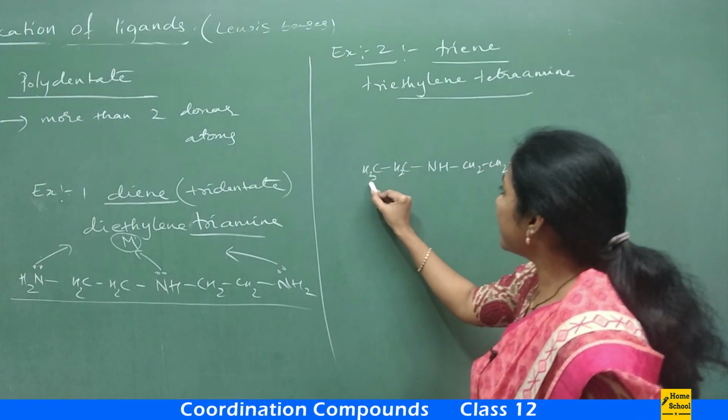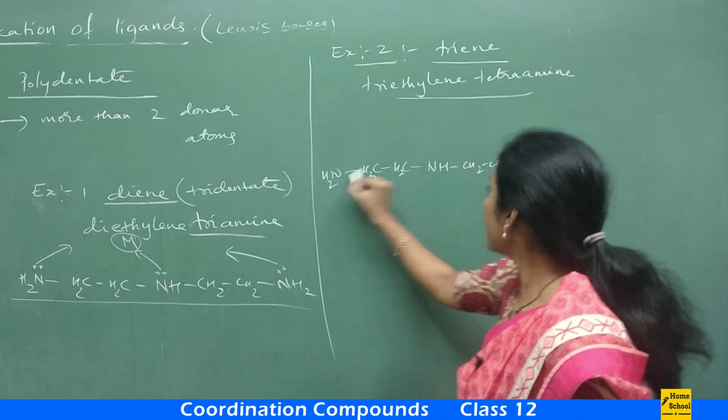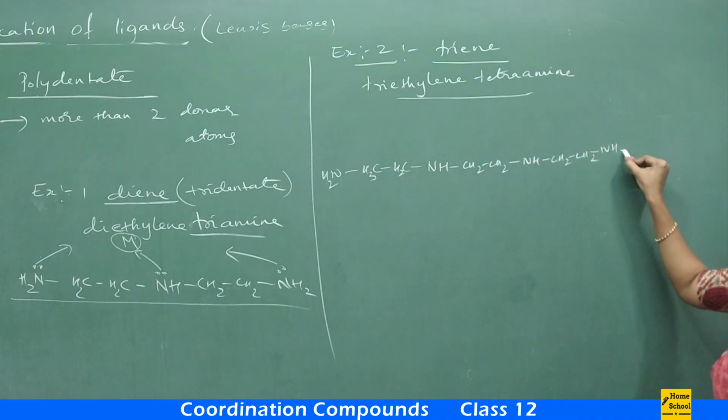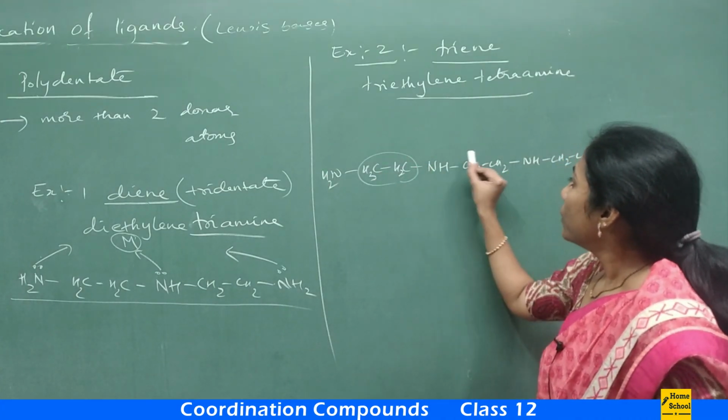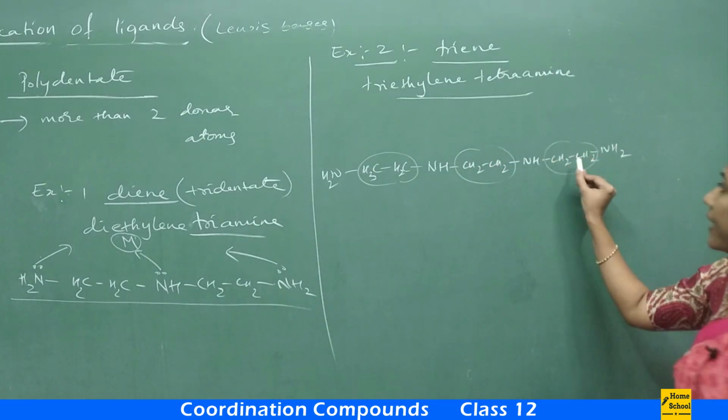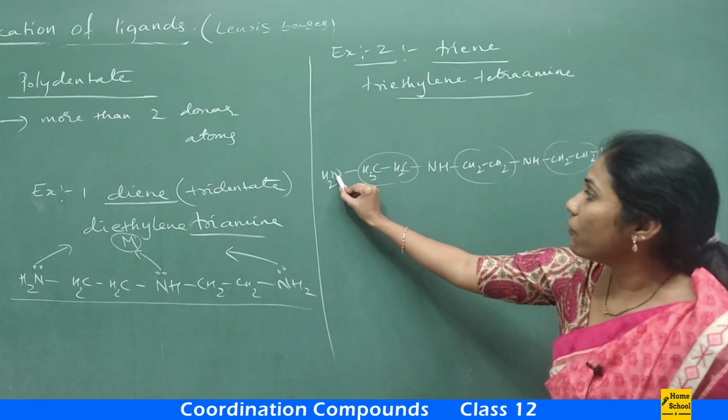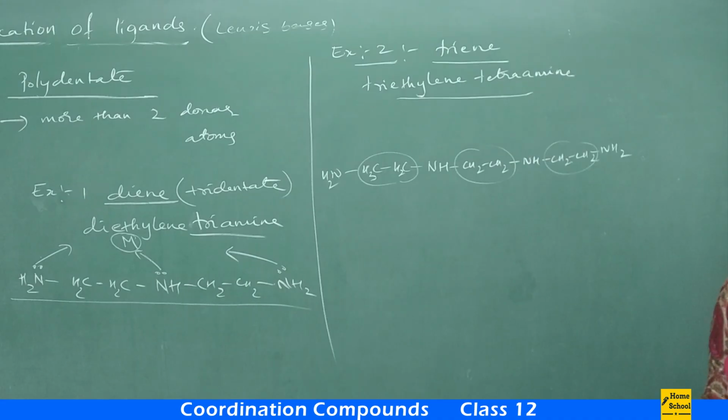Triethylene, so 3 ethylene groups, so corner 1 NH2, this corner 1 NH2. See here 1, 2, 3 ethylene groups, and tetraamine, 1, 2, 3, 4 amine groups.